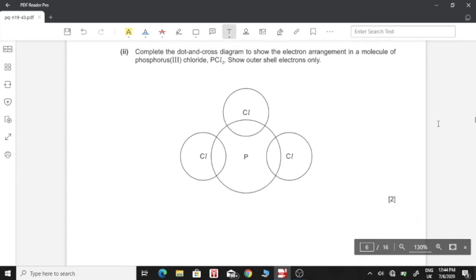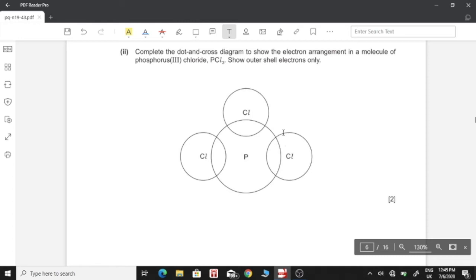Alright, part 2. Complete the dot and cross diagram to show the electron arrangement in a molecule of phosphorus 3 chloride. Show outer electrons only. Alright, so phosphorus has atomic number 31. It is in group 5, which means it has 5 electrons in its outer shell. Okay, and chlorine is in group 7, which means it has 7 electrons in its outer shell.